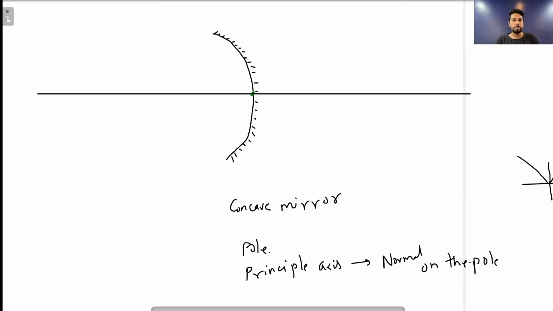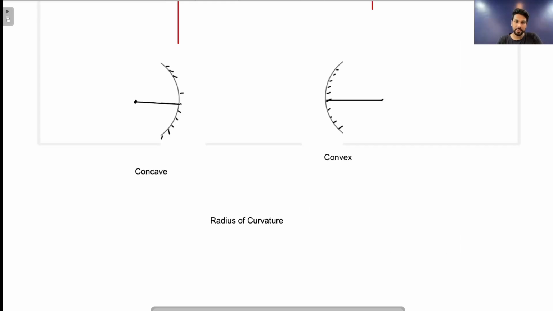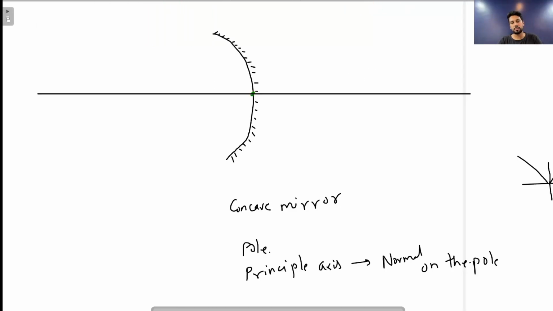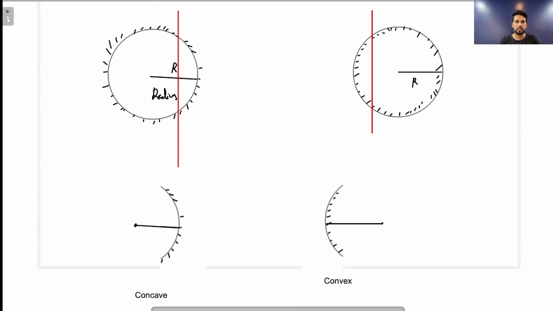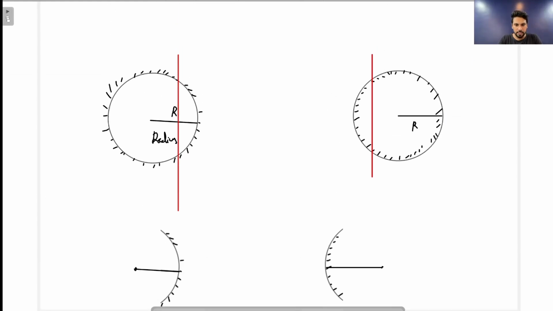Now there are some different parts which I am going to have on the principal axis. The first part, which is already discovered, is the radius of curvature. Now if this whole thing was a circle, it would have a center, right?